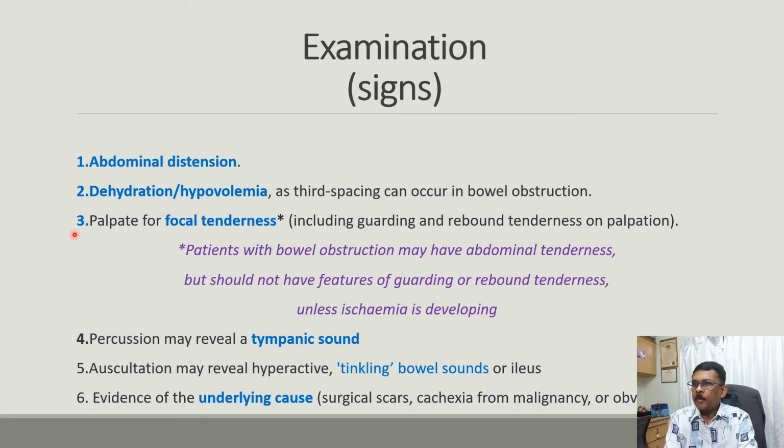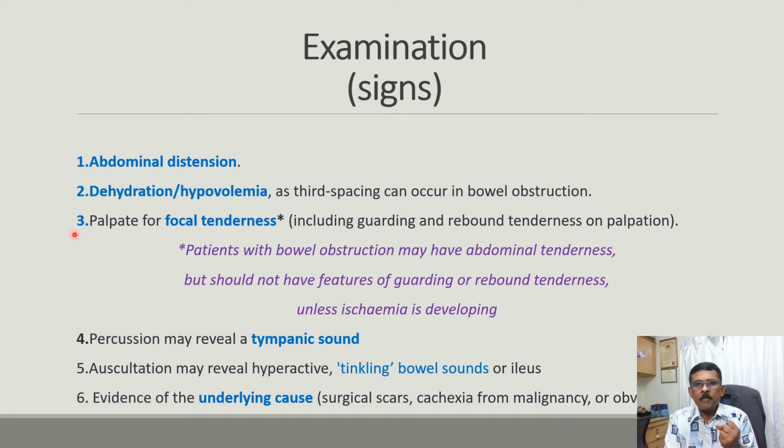Then on palpation, you may have localized or focal tenderness, and sometimes you can also have severe guarding and rebound tenderness. It must be remembered that patients with bowel obstruction may have mild abdominal tenderness because of the intestinal distension.